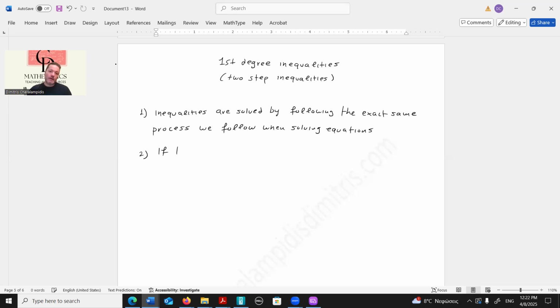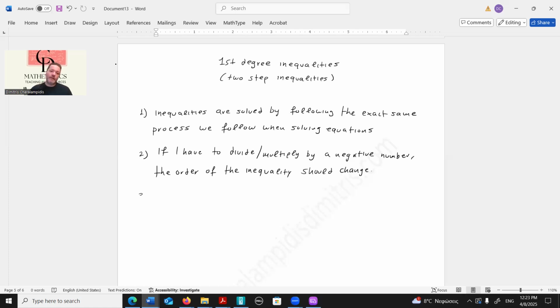If I have to divide or even multiply by a negative number, the order of the inequality should change.